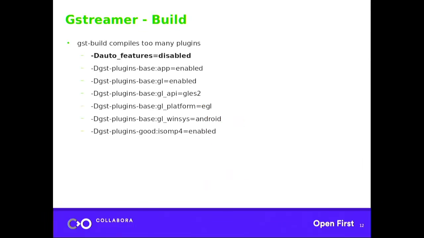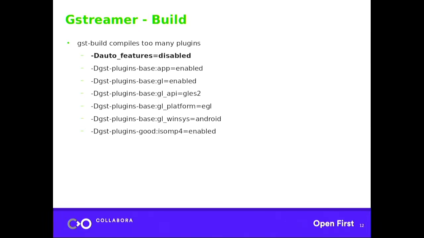Next step, with that iconv issue fixed, you can now build the full GStreamer. And the problem is it does it too well. You have more than 100 plugins built, but you don't care about them. One trick I use, a really nice feature in Meson, is that you can disable all the features altogether with auto_features=disabled.